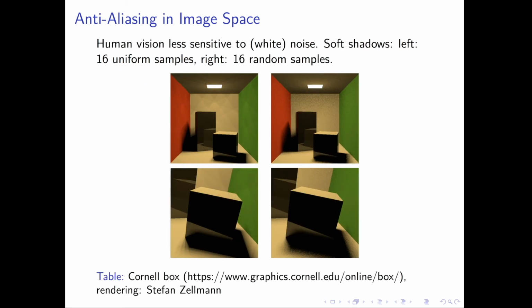Let me give you an example, and the example here is one where I compute shadows in an image. It just so happens that perception theory says that the human visual system is less sensitive to white noise than it is to uniform sampling patterns. And you can see that here in the way that I compute those shadows.